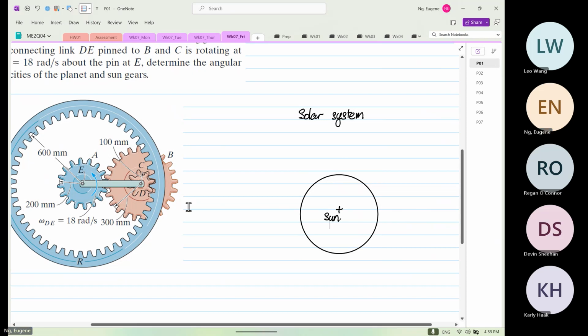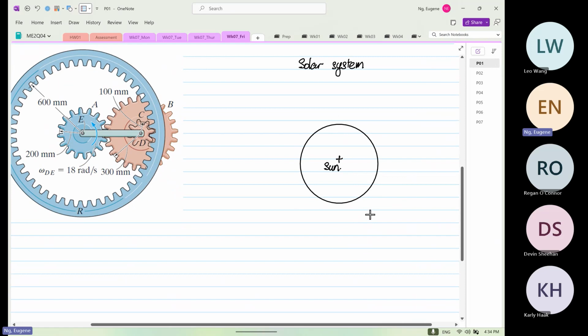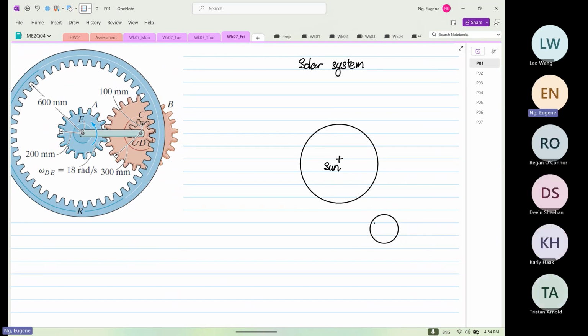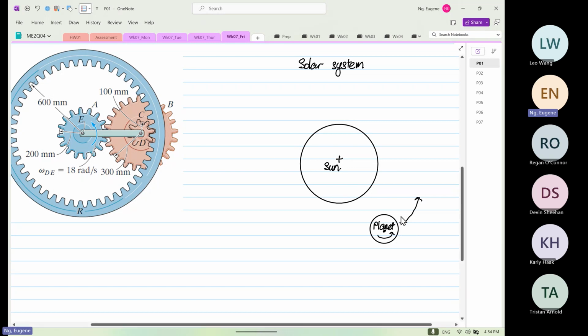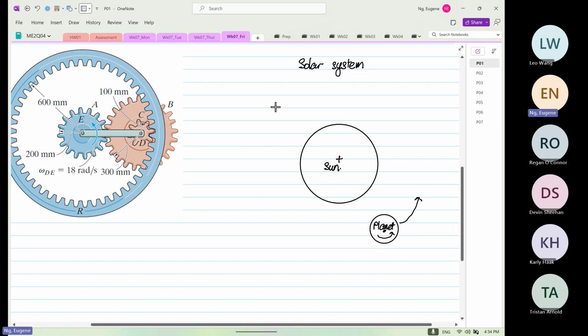So what is moving, going round, is what we call our planet. The planet is going round this way and is also rotating about its own axis. And there is another thing that you have to consider in planetary gears.